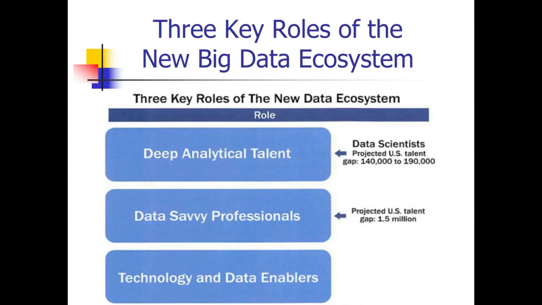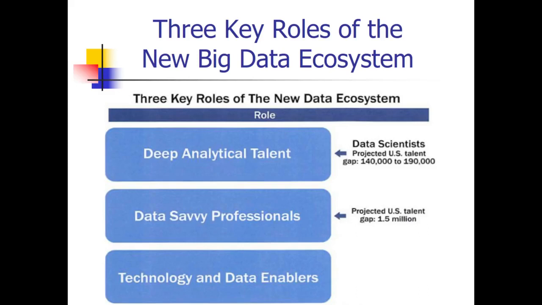First role, deep analytical talent, then data savvy professionals, and technology and data enablers. The first role is deep analytical talent. Not all people have analytical capability. That's why only data scientists can analyze the data and write algorithms.